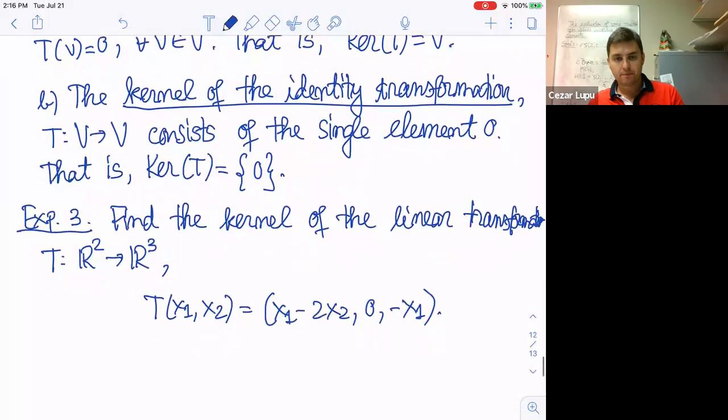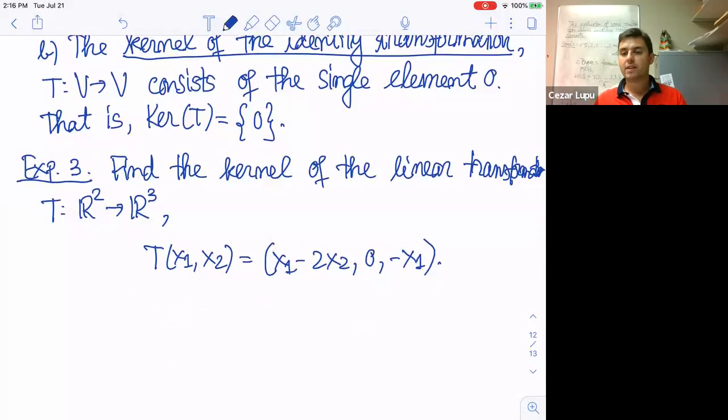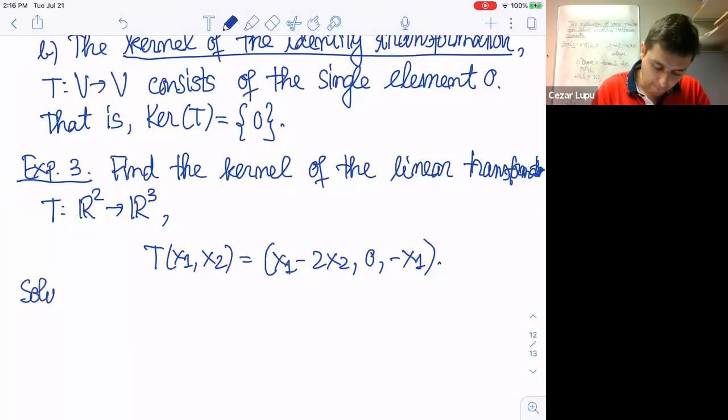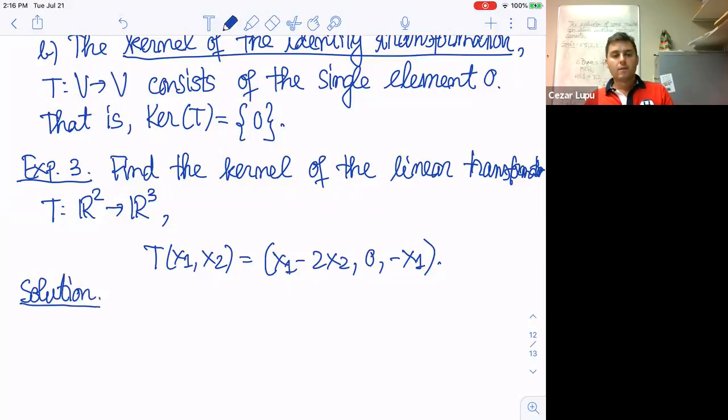So let's look at it, and keep in mind the definition. Let's go back to the definition. The definition says that the kernel of a linear transformation from a vector space to another vector space consists of those vectors for which T of V is 0, for any V in the first vector space.